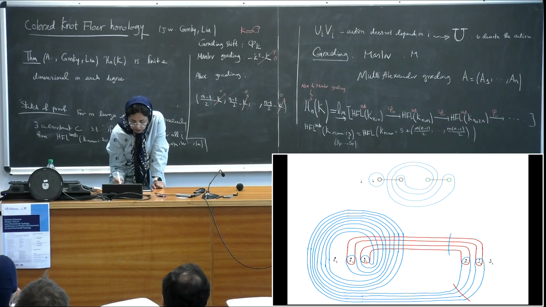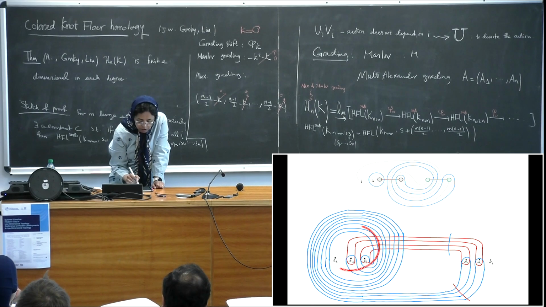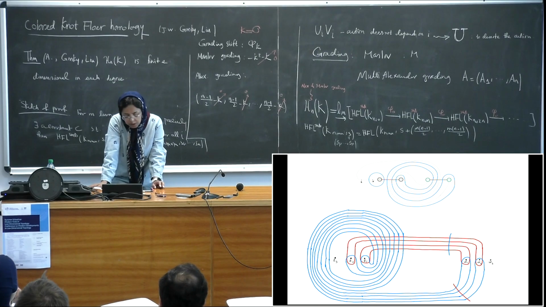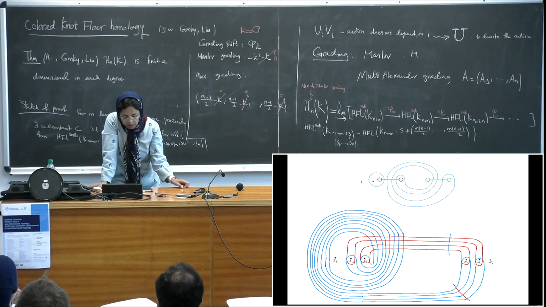And here, for these alpha circles, we don't have any twisting, but for the beta circles, we'll have the right amount of twisting around the Z base points. If you want to get the diagram for K and Mn, do the appropriate amount of twisting.